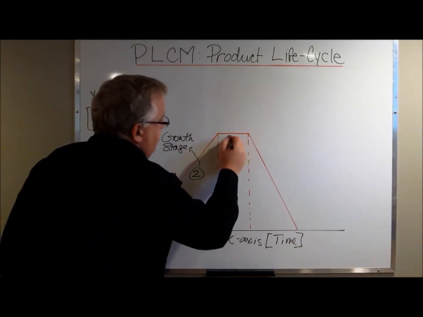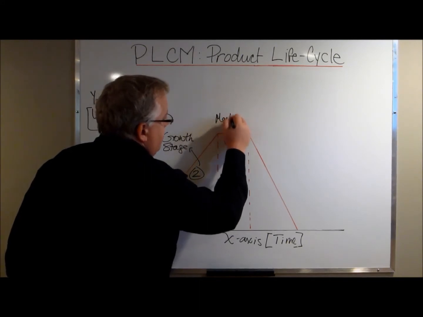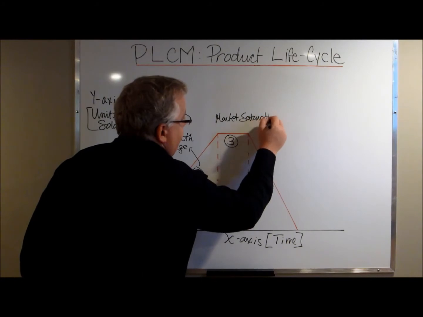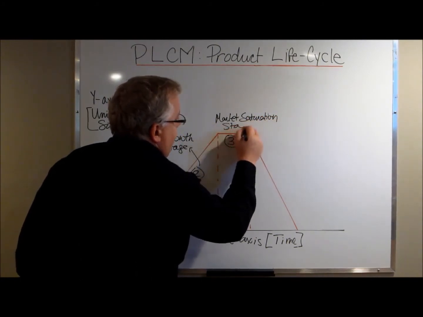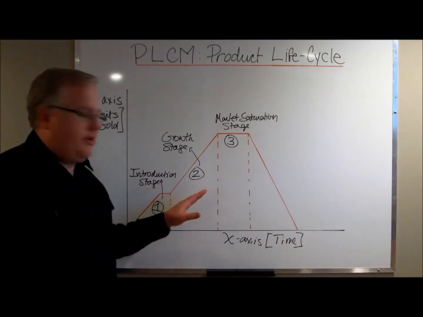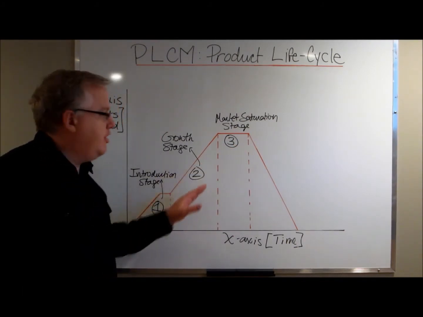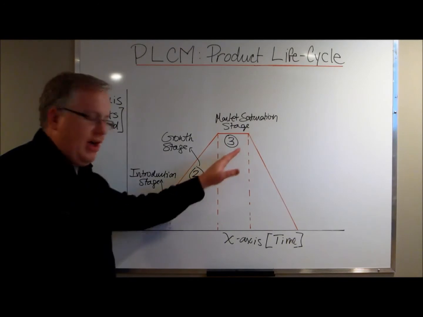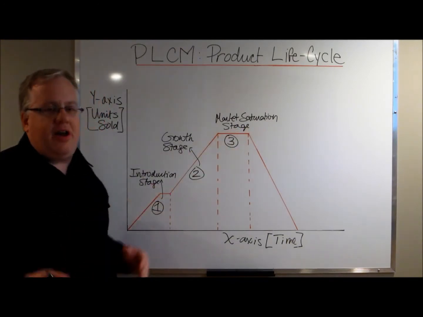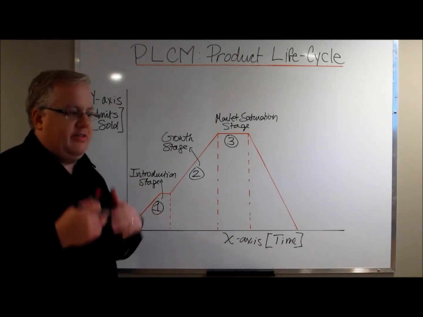And then the third stage is called market saturation, okay? Basically, what happens here is, during this stage of the product's life, a lot of competitors have ridden this wave to the top, and they've all become part of the market. Unfortunately, at the market saturation stage, the product's kind of reached its zenith.